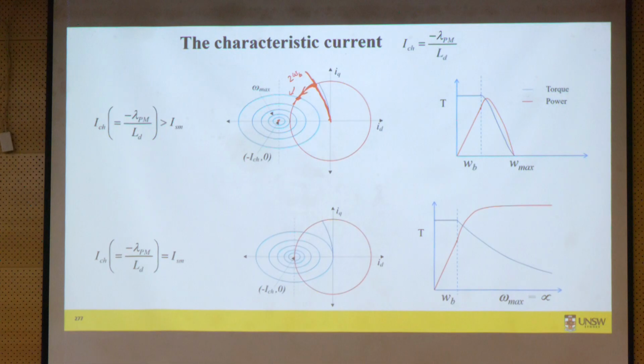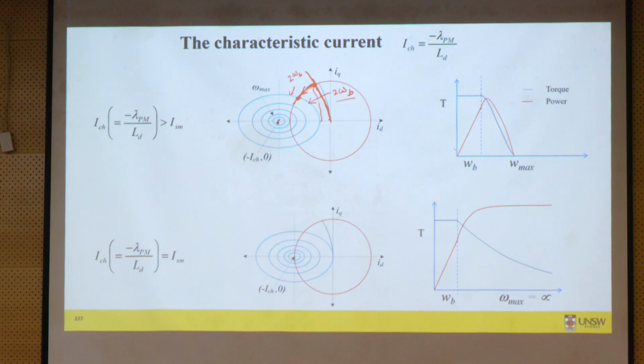Previously at rated speed it was working here, and then it moves, and let's say this ellipse relates to twice the base speed. So the cross section between the current limit and voltage limit related to this speed becomes my operating point, okay. And how did I move from here to here? Through the flux weakening, by increasing the ID current.